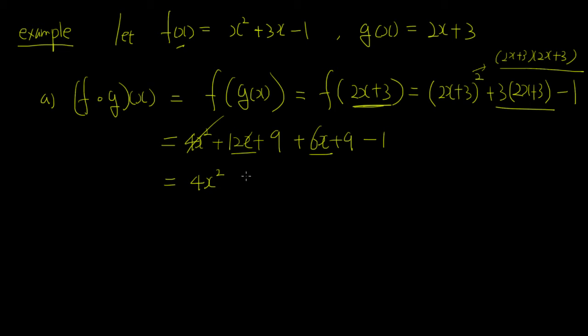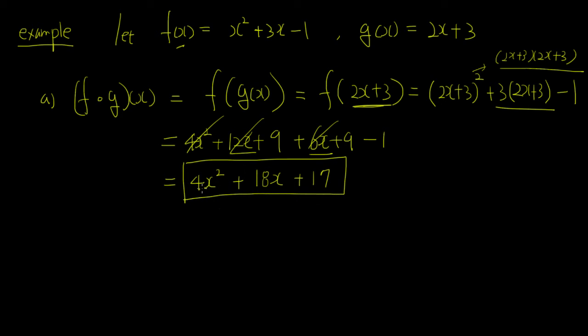I have the x term, so this would be 18x. Then the constants: 9, another 9, minus 1. So this would be 18 minus 1, 17. And that's our answer. Right? Not too bad. Not too bad.